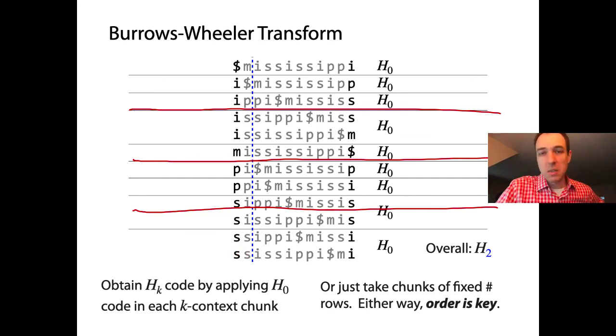So it might actually be perfectly okay to not necessarily take exactly the groupings based on k context, but instead to just take somewhat looser groupings. The key is that we put everything in the right order first, right? So we don't have to be exactly right about where we put these horizontal partition lines, but the order helps us. We could just take fixed length windows, and the order helps us to argue that they have similar right contexts.